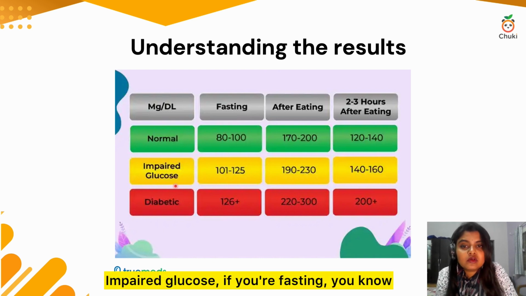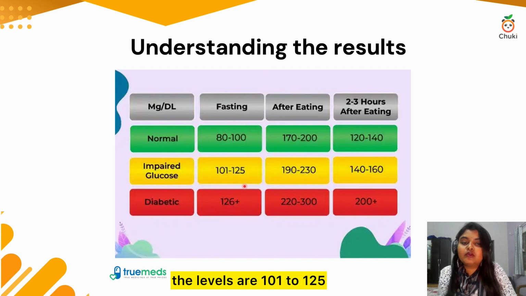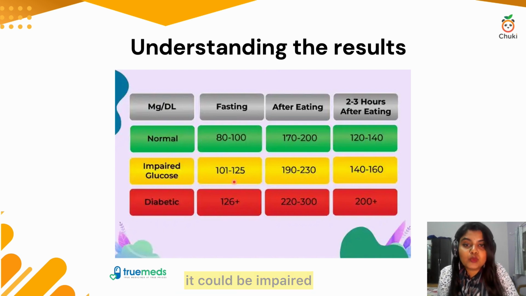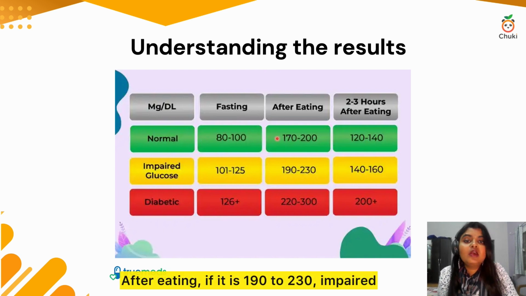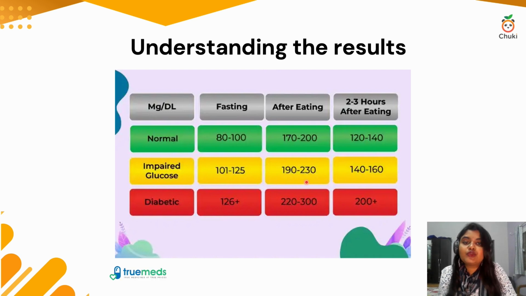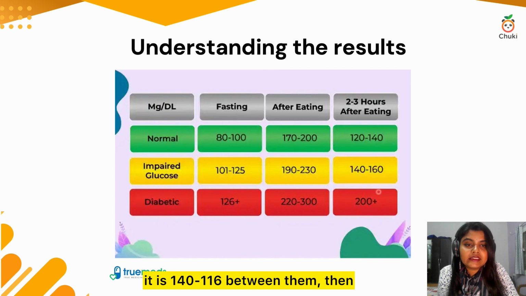Impaired glucose: if your fasting level is 101 to 125, it could be impaired. After eating, if it is 190 to 230, impaired. 2 to 3 hours after eating, it is 140 to 116. Between them, you have impaired glucose levels.